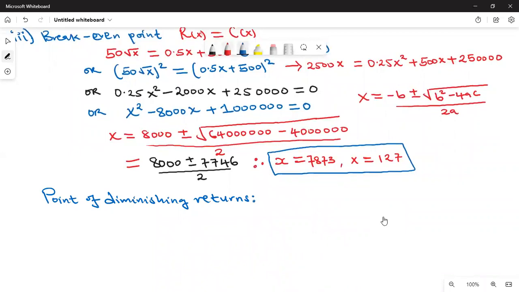What we know about this point is that d squared p over dx squared is supposed to be equal to 0. We know d squared p, we got that as negative 25 over 2 root x cubed. That's what we got. This equals 0.